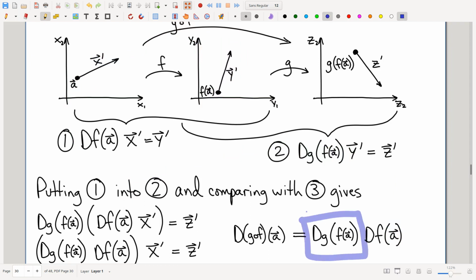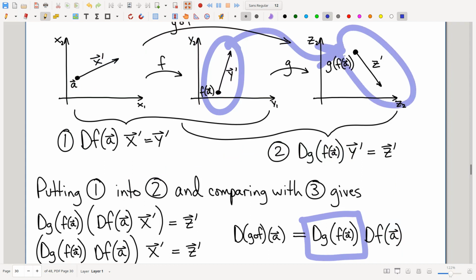And the DG matrix turns this vector into that vector. The DG matrix consists of a bunch of partial derivatives of functions of y1 and y2 with respect to y1 and y2 when we are at a certain point in the y1, y2 plane. So when we are writing down DG, this is where we are.